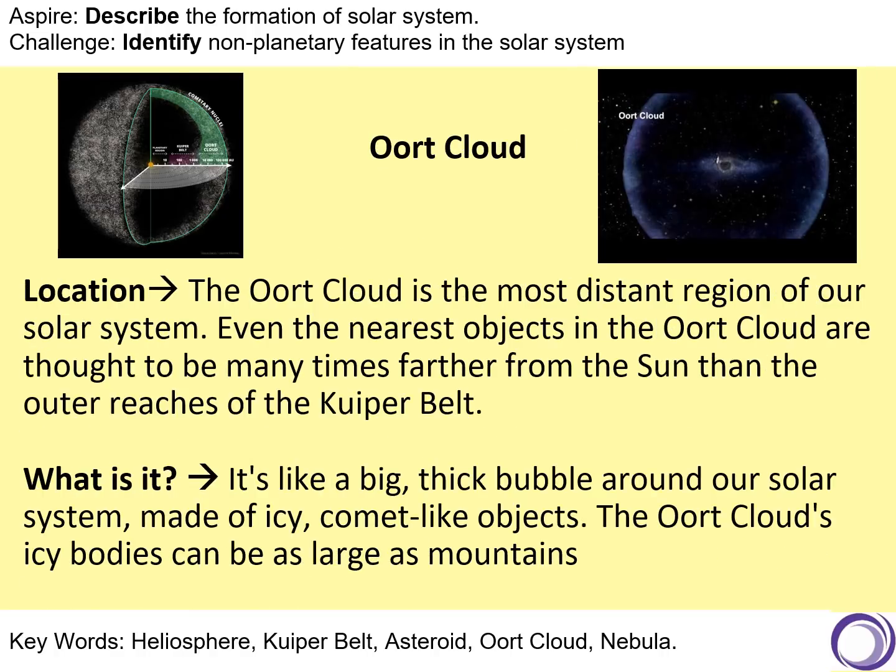So we move to our final non-planetary feature, and it's called the Oort cloud. Now, I'd be kidding you if I said I'm some sort of expert on this. I have to admit, I find the Oort cloud quite conceptually difficult because theoretically we think it's there, but we don't necessarily have the evidence, definitely not the photographic evidence of it being there.